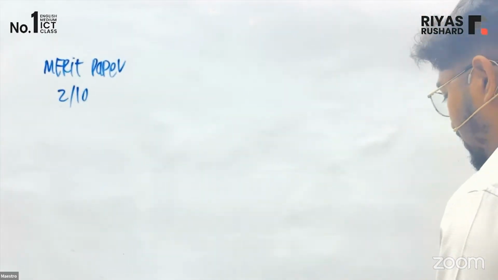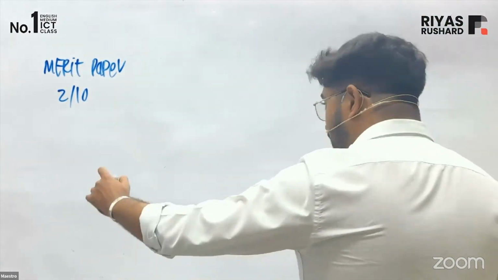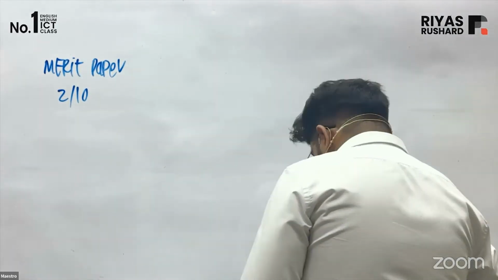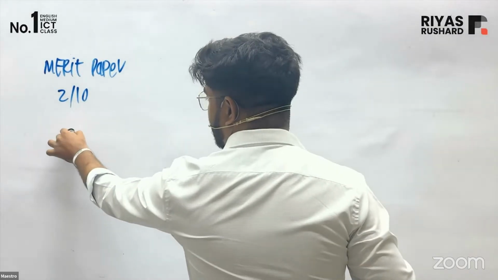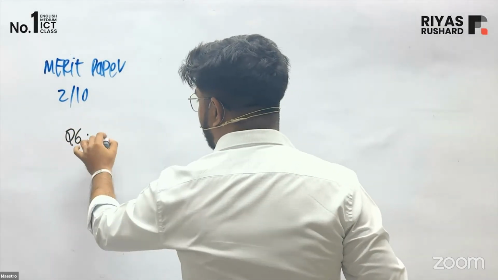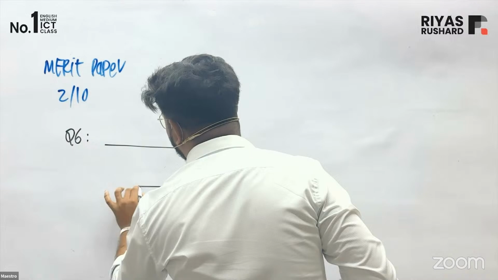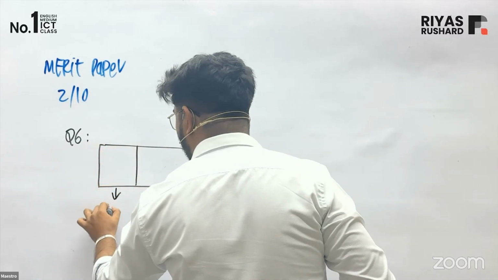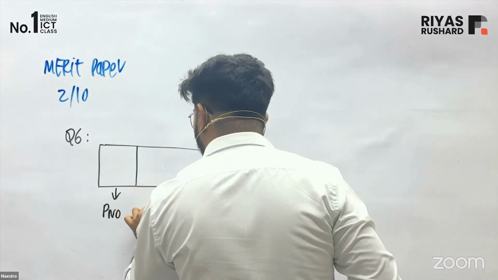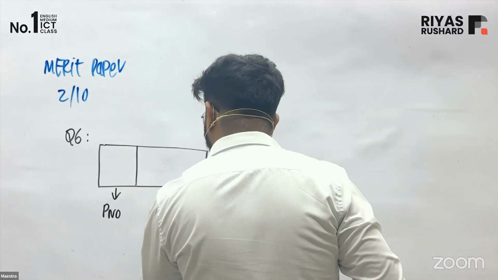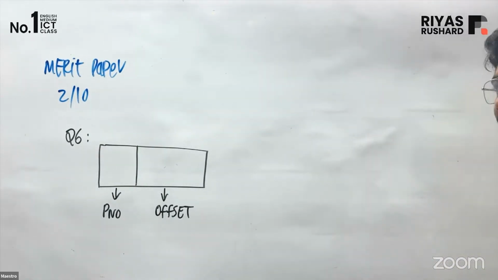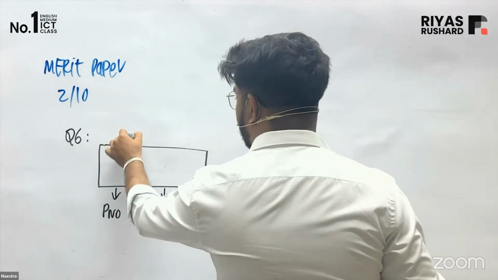Page number, where do you find page number? Let's decode question number 6. First thing is page number, and then you will find offset. In what address do you find the page number and offset?